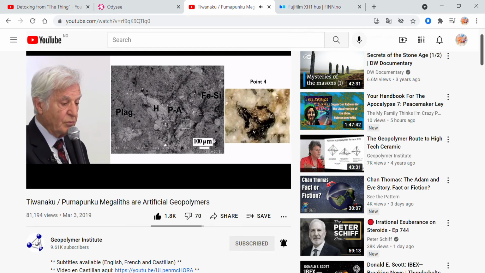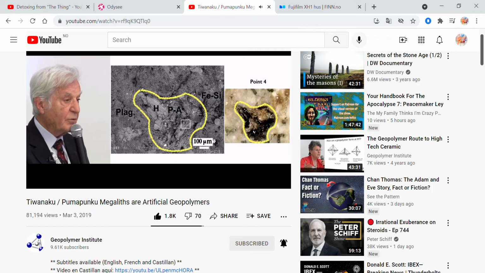And if we compare this microscopic view with the SEM view, this is exactly what we have. On the left we have the plagioclase, this is the white body. H is a hornblende crystal. PA is pyroxene augite crystals.